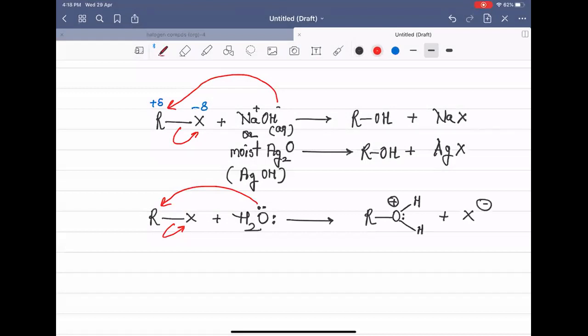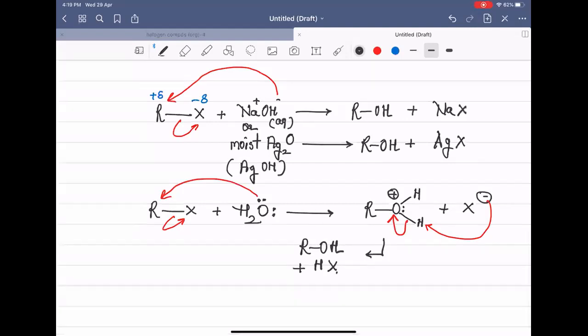Now this X minus can pull out H, and 2 electrons would go back onto R, and we may have ROH plus HX. So with water, the same happens.